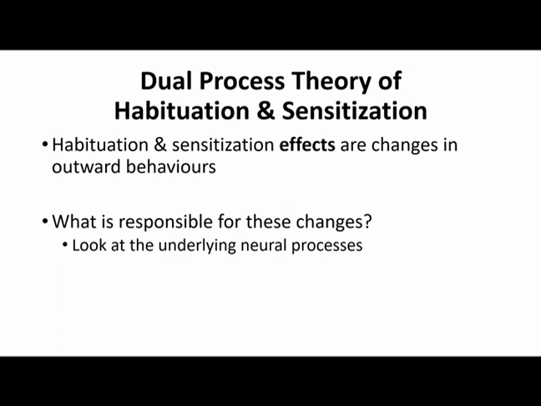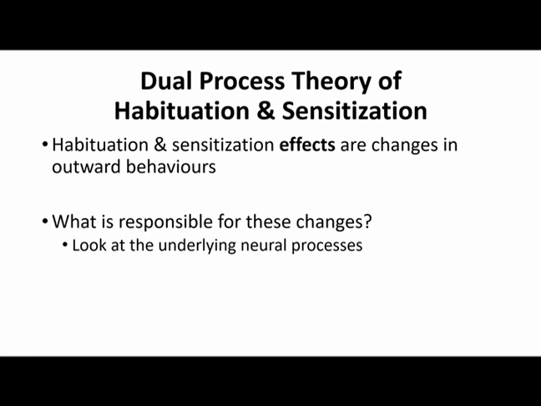Now, all of that information about habituation and sensitization shouldn't be all that different from what you've heard in previous classes. But this is where we're going to start getting into some of the mechanisms behind that idea of habituation and sensitization. So what we've talked about so far have been what we would call habituation and sensitization effects.